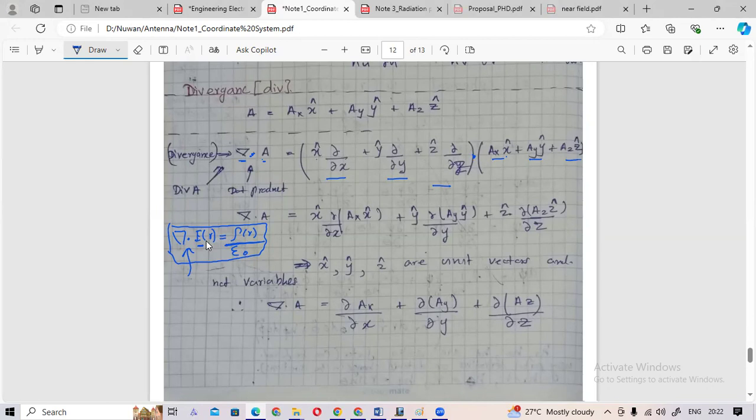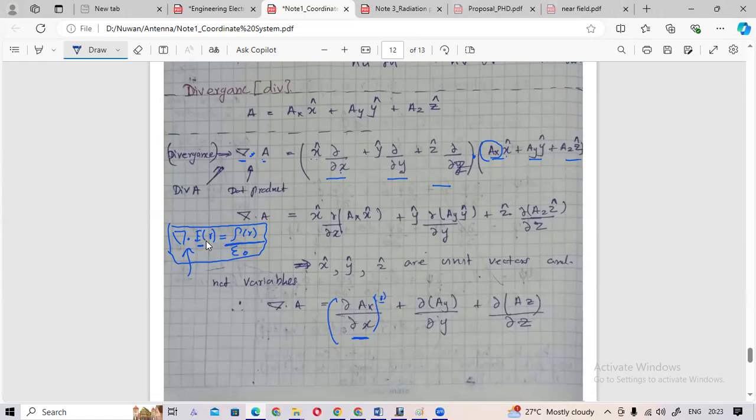So ax is the vector in x direction. ax into the differentiation by dx, you will have a value, and x hat into x hat, this is a dot product, so you will have 1 here. The dot product of these two vectors will be 1. I explained it previously.